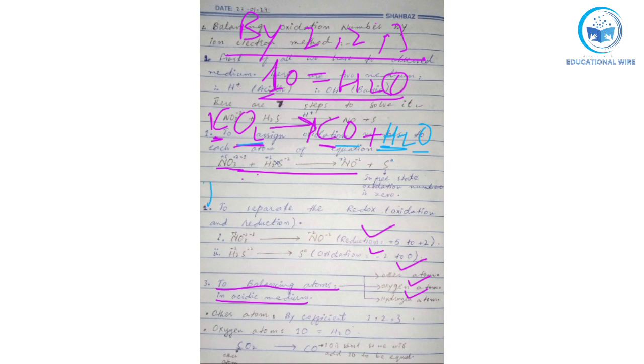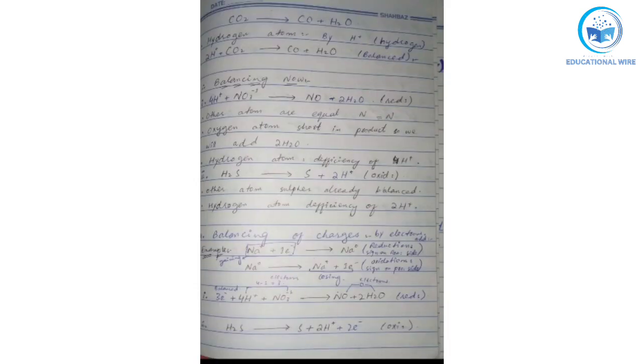So we'll add two hydrogens, that is 2H plus CO2. Let me show you on another page. You can see over here what I did. Previously I was having CO2 to CO plus H2O, but H was short on the reactant side, so we add 2H to make it a balanced equation.